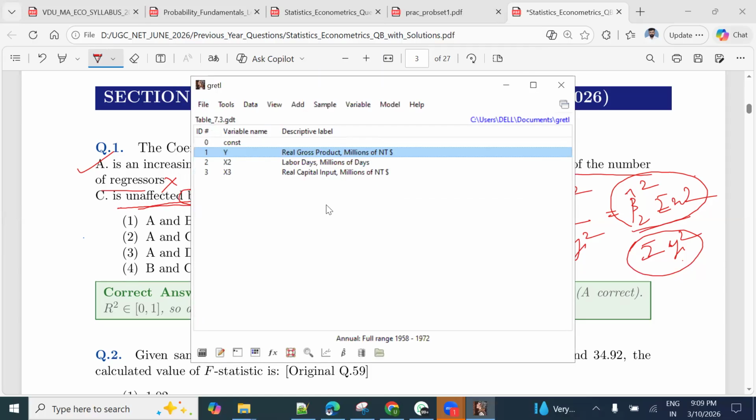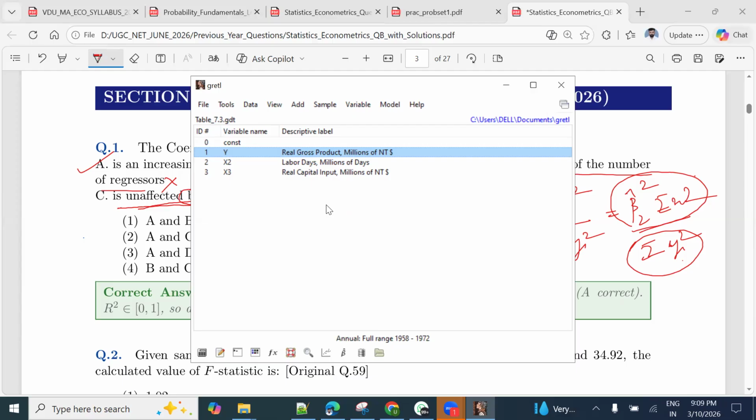Basically, this is an estimation of a Cobb-Douglas production function. This one we will take later on. Let me check if there is any other easier example I can use.